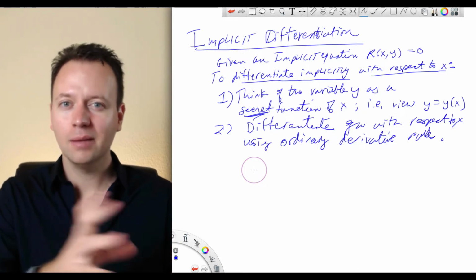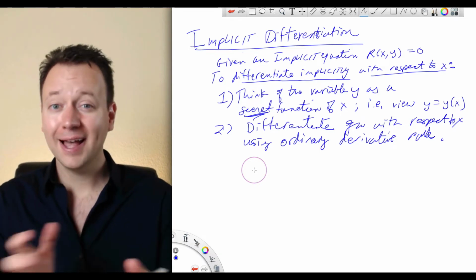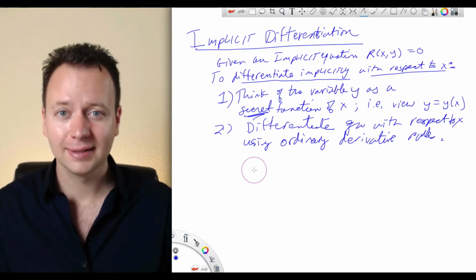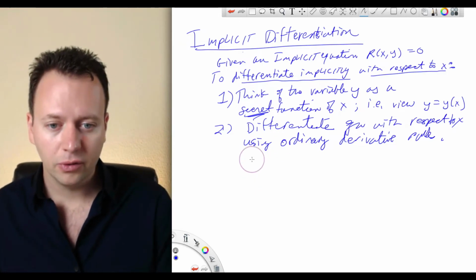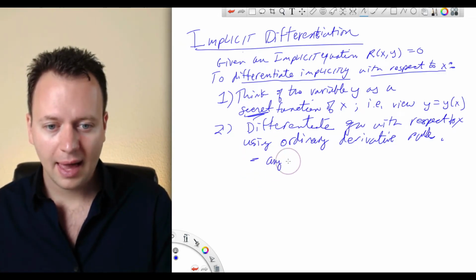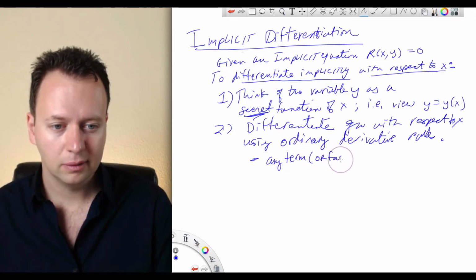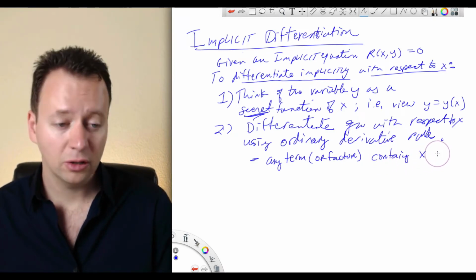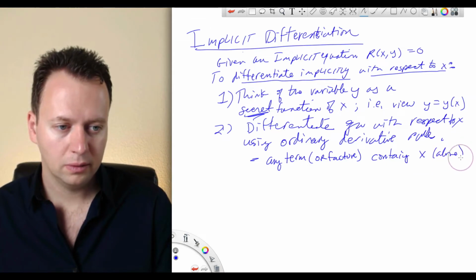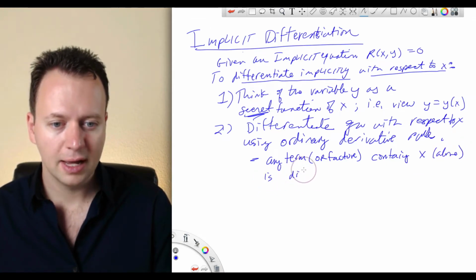X cubed becomes 3x squared. Sine of x becomes cosine of x. ln of x becomes 1 over x. So a couple caveats: any term or factor of a term containing x, and x alone, is differentiated as normal.